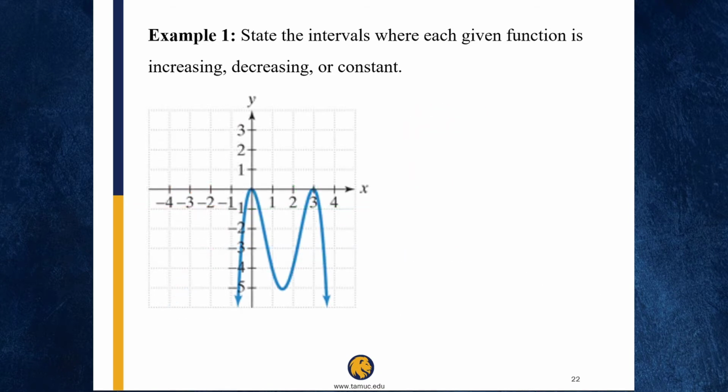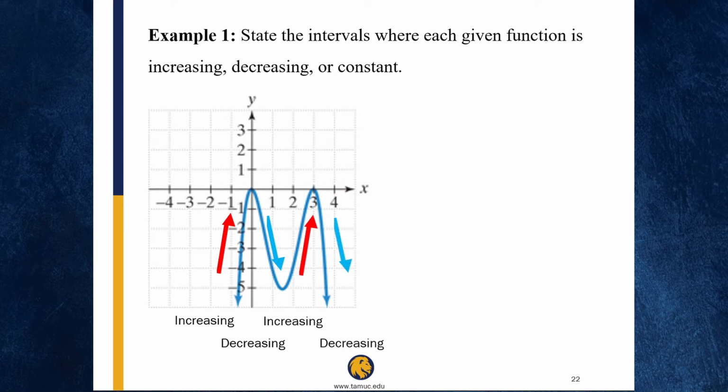Here's another graph to look at. Let's figure out where it's increasing, and then it's decreasing, and then it's increasing again, and then finally it's decreasing. We're going to read off the x-axis to determine the intervals for each. The first interval from negative infinity to 0 is where it's increasing.